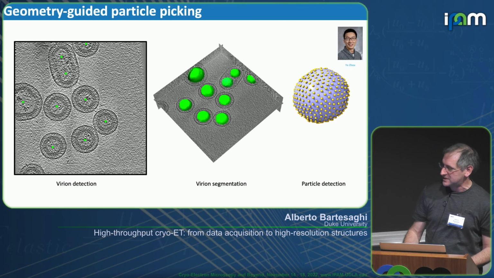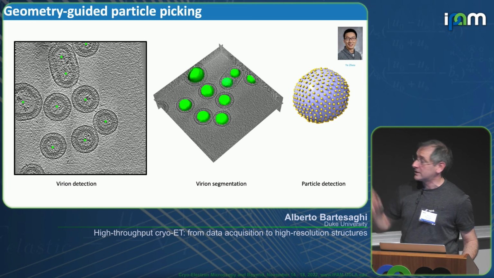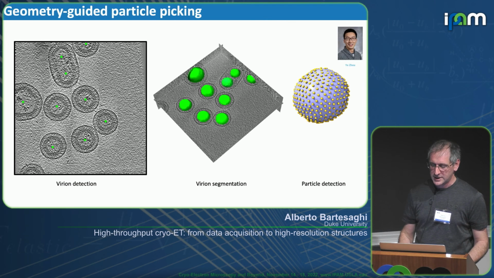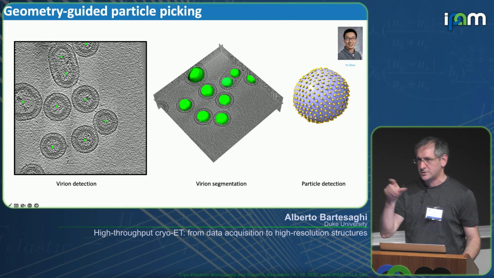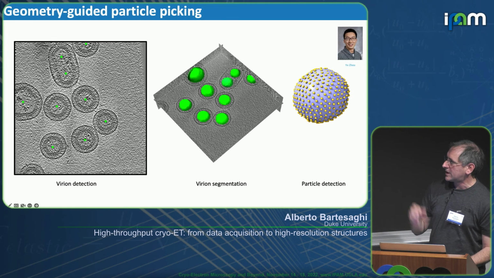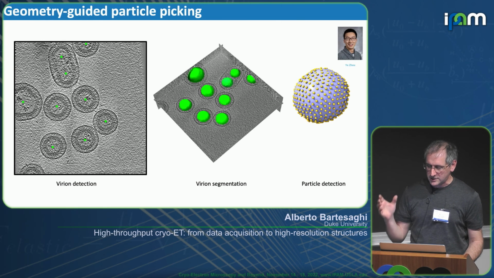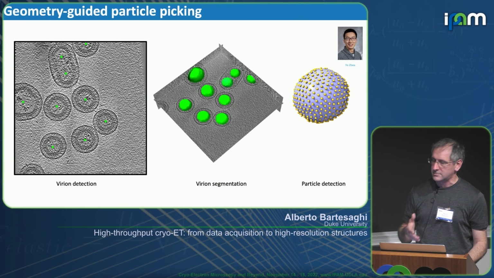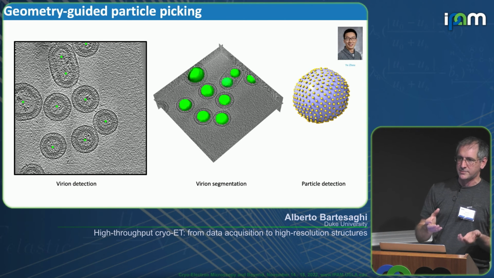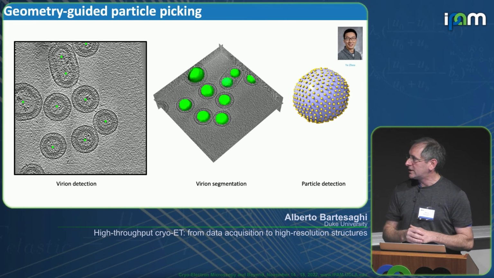Okay, so the first challenge obviously was to pick the particles. I cannot stress enough how big of a challenge that was. And Yi Shu, he's actually in the room here somewhere, he figured out how to get these particles out. Just to tell you briefly, we detect the position of these virions, and then we have unsupervised segmentation in 3D, using classical max-cut min-flow algorithms, where you can determine a minimal surface, like a graph cut in 3D.